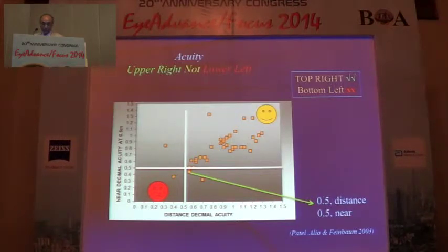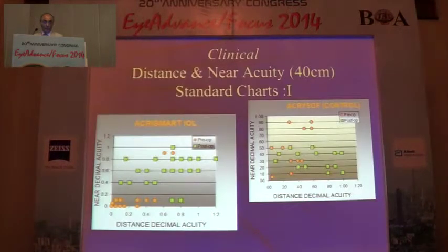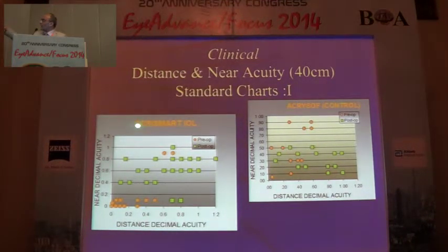So, using this simple approach, and some of this data Klaes will be familiar with because we published this together with Jorge Alio a few years ago. The old AccuSmart IOL, we looked at some of the post-operative distance acuity and near acuities. These were the pre-op results. Obviously, they are down the bottom left. And post-op, we've got a bit of a spread of data. Some really good results, some good distance but poor near, some very good near but poor distance.